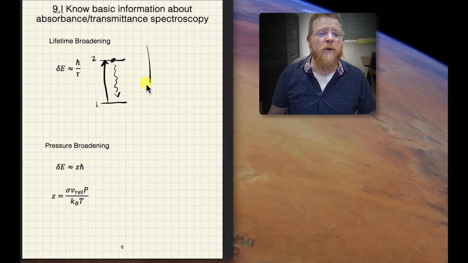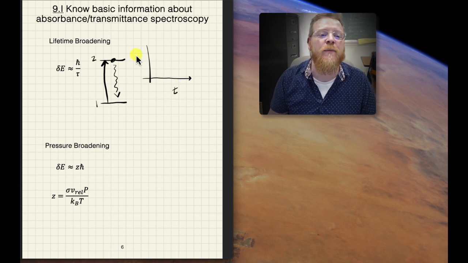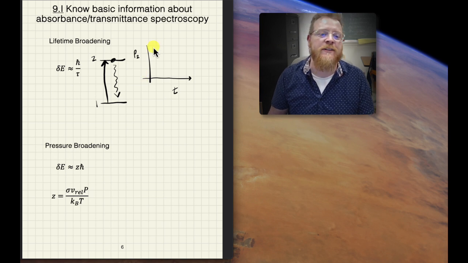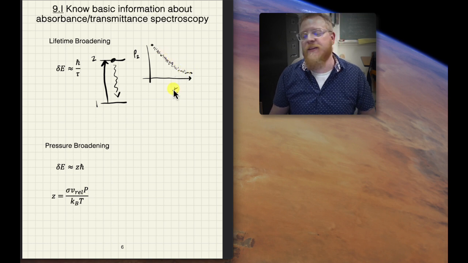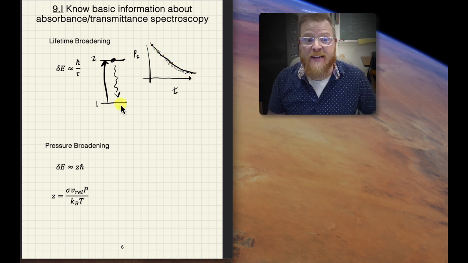If we were to observe the time profile of that, I'll put time on the x-axis and the population of state 2 on the y-axis, we would see these states decay in some first order process. Imagine we could do kinetics on this situation. We would see first order decay from an elevated state down to the ground state.